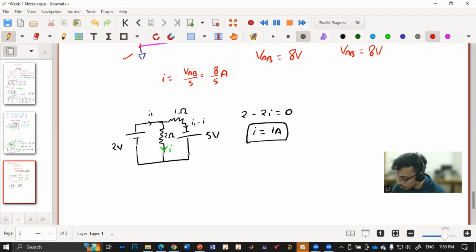So now I'll apply KVL in this second mesh. I'll go from this point in the clockwise direction. So 2I increment, and then decrement, minus 1 into I1 minus I, plus 5 is equal to 0. Do you agree?